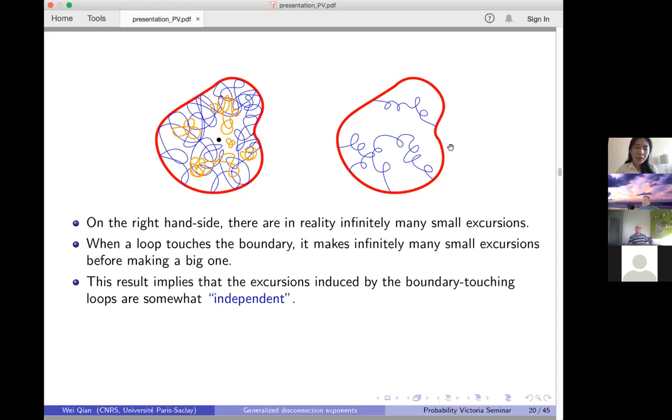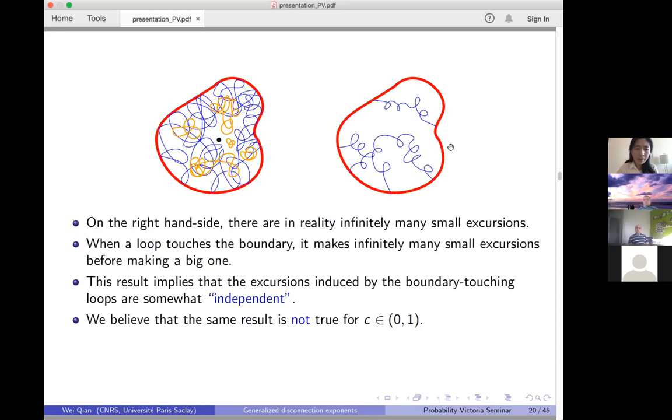So this result implies that the excursions induced by the boundary touching loops are somewhat independent in some sense, because a Poisson point process is intuitively just adding excursions one by one in an independent way into the collection. You can think of it like that. So it's like the excursions are independent from each other.